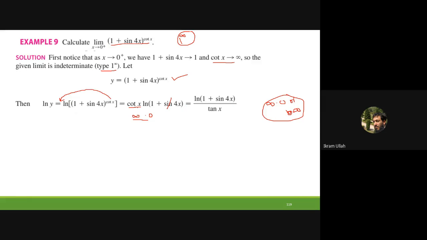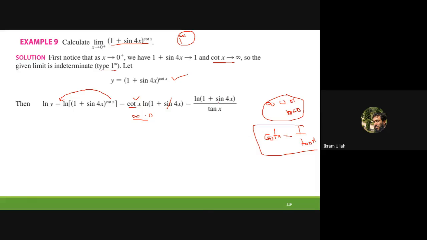So now we can write this as a division. The reciprocal of cotangent is tangent, cotangent of x is equal to 1 over tangent. So this is ln of (1 plus sine 4x) divided by tangent of x.